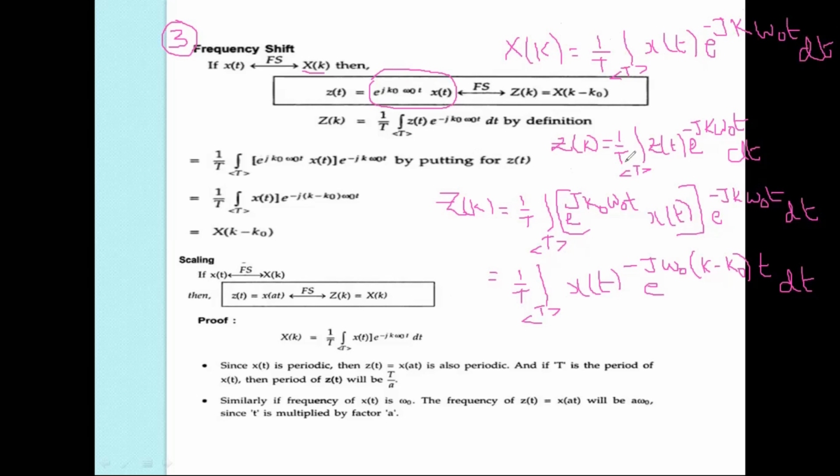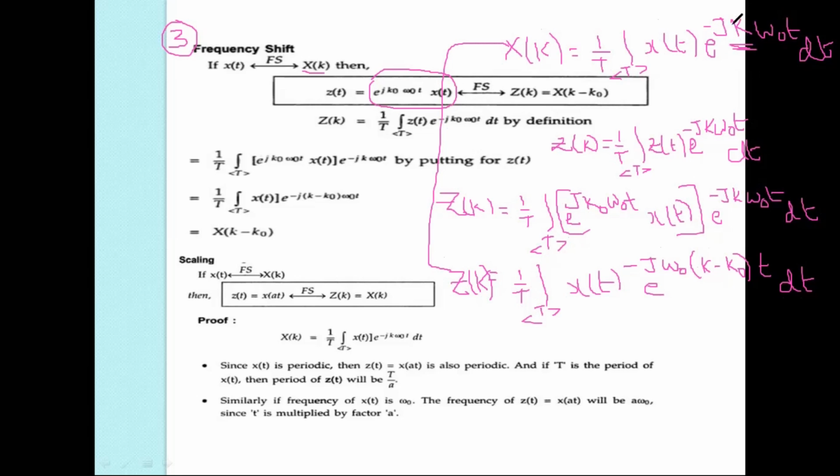So now you can observe these two equations. Here the x of k is 1 by T, the integral T, x of t, e power minus j k omega naught t dt. What is the value here? The k.